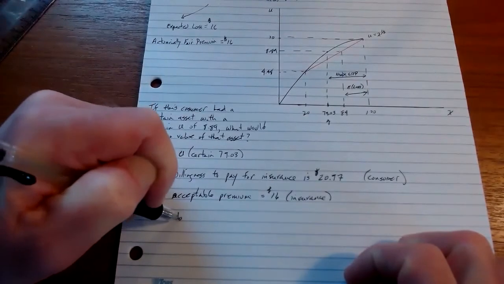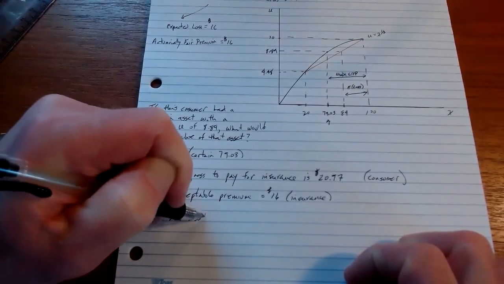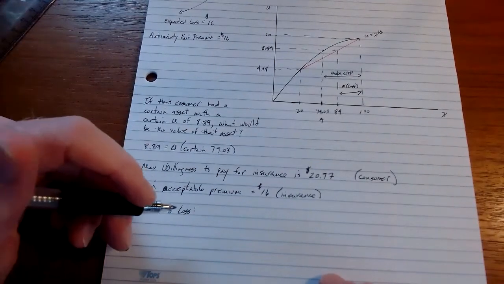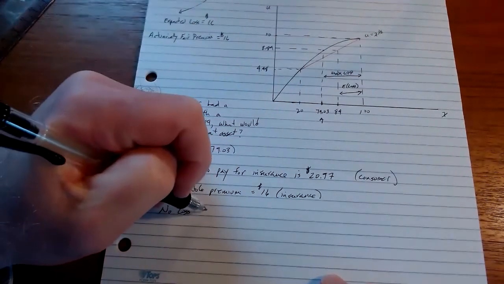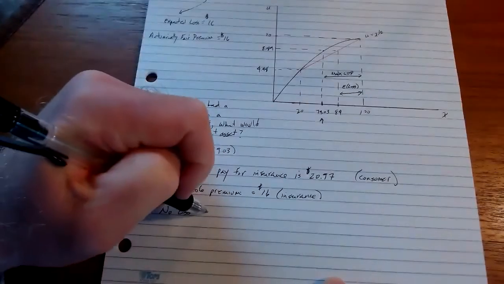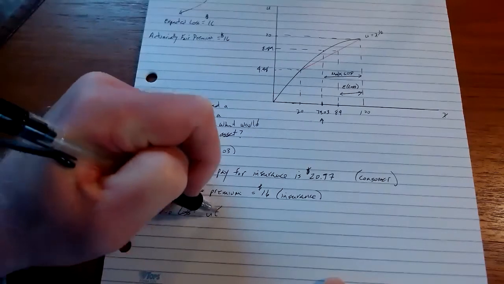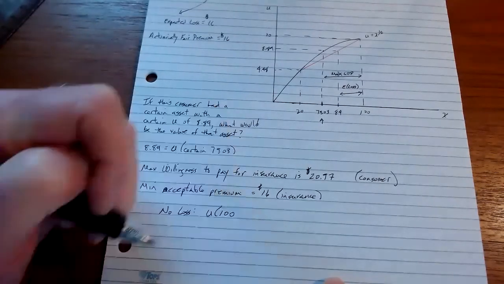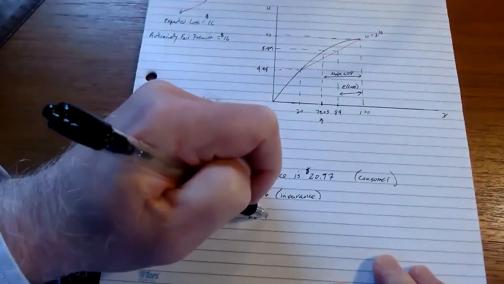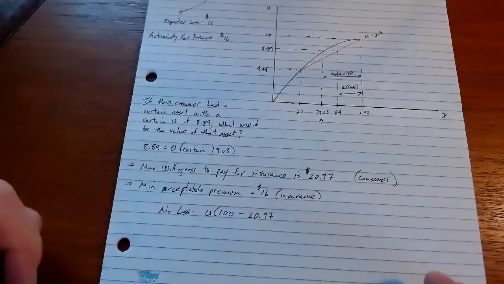Suppose there's no loss. Then what they have is an asset with a value of $100. So their utility is going to be the utility of a $100 asset minus, if they pay $20.97, that premium.